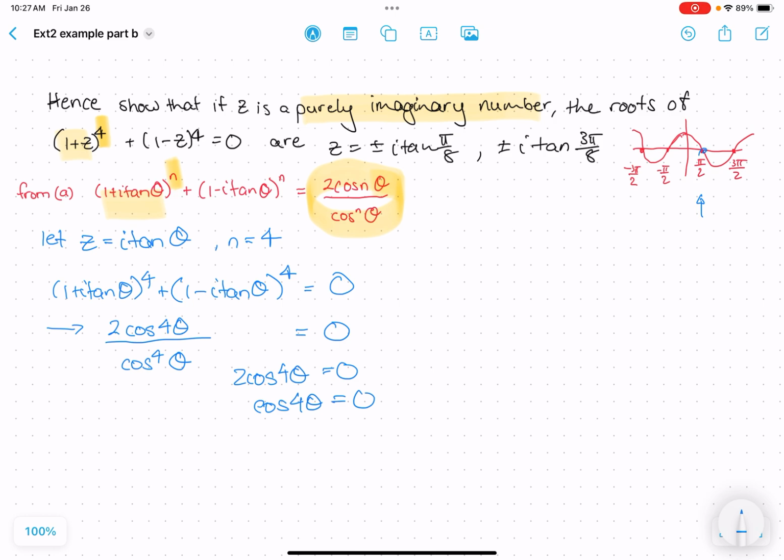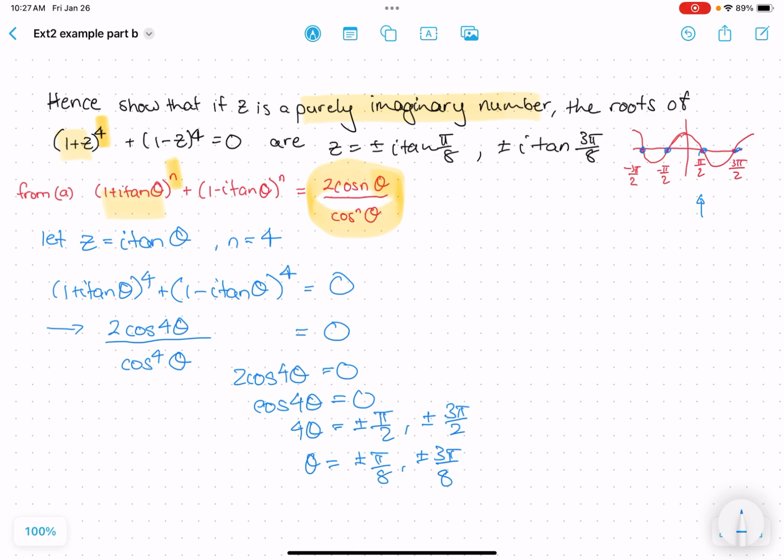I can see where my zeros occur, the ones nearest 0. So my 4 theta is going to be plus or minus pi on 2 and plus or minus 3 pi on 2. Of course, if we divide by 4, we get plus or minus pi on 8 and plus or minus 3 pi on 8.